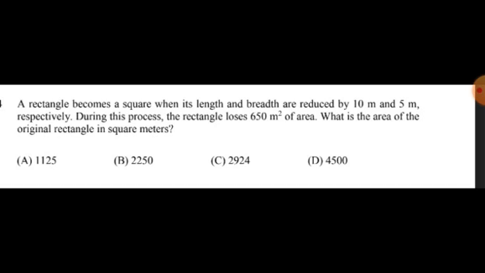If you find like this, we get 45 and 50. If you substitute 45 and 50, both sides are equal. Then we find the area of the original rectangle, the product of length and breadth, that is 45 into 50. The answer is 2250. Therefore the correct answer is option B.